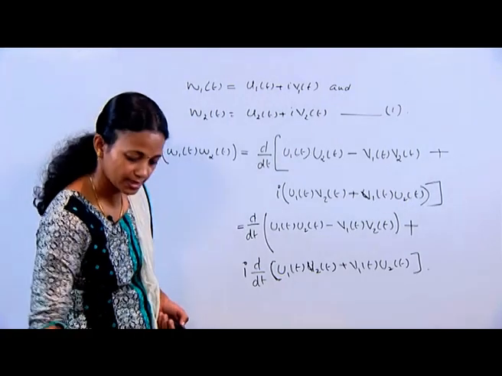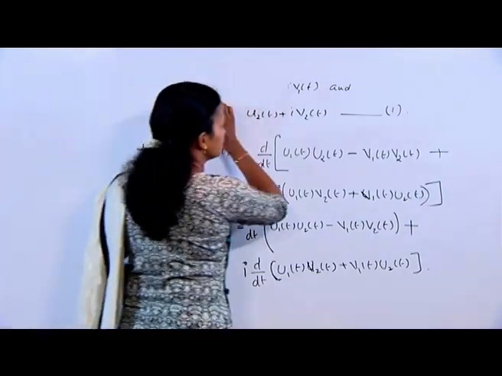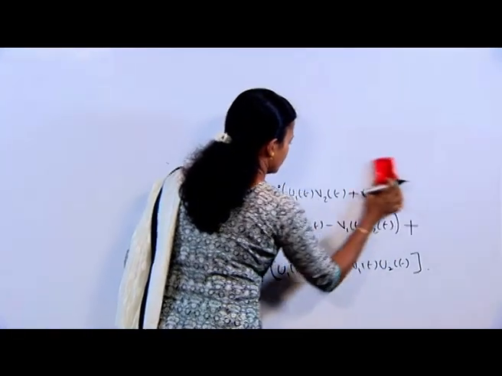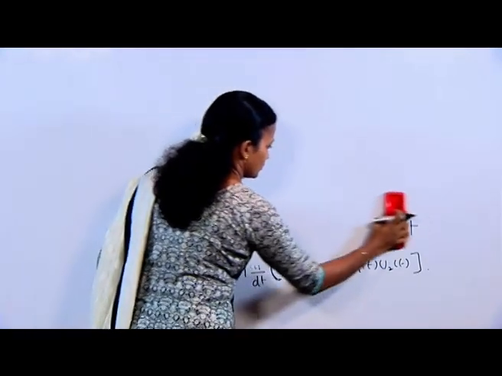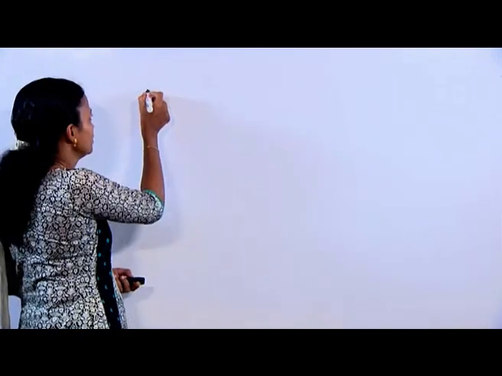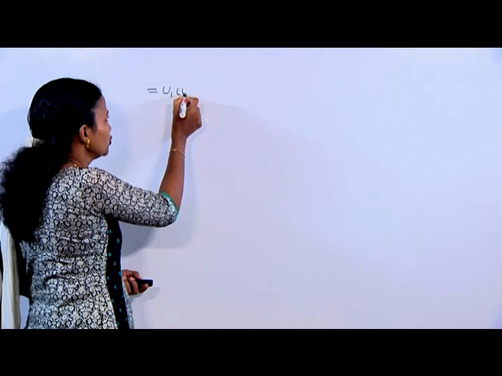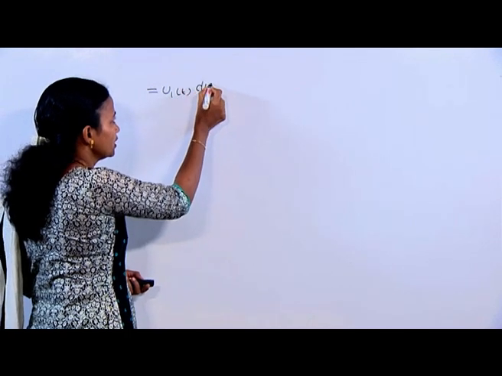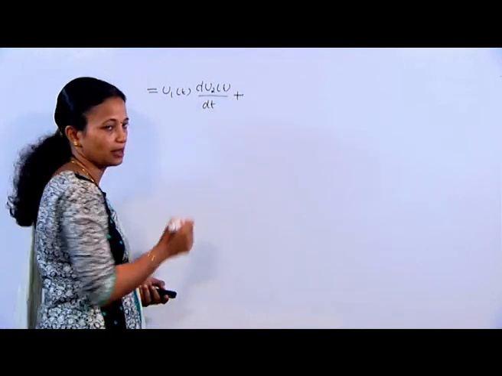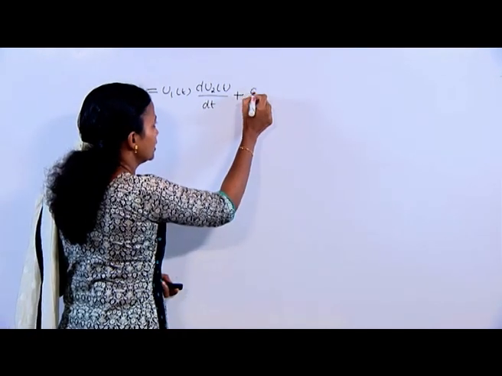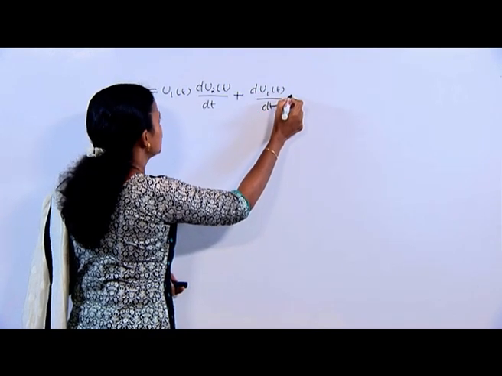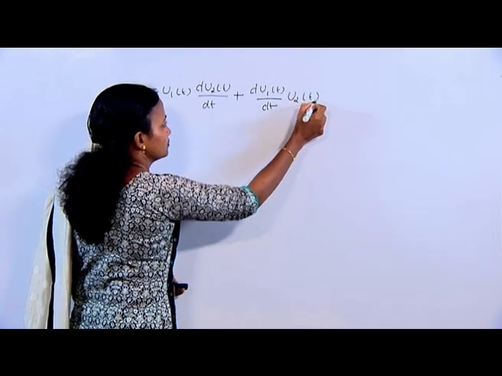This we can write as u1(t) into du2(t)/dt plus du1(t)/dt into u2(t).